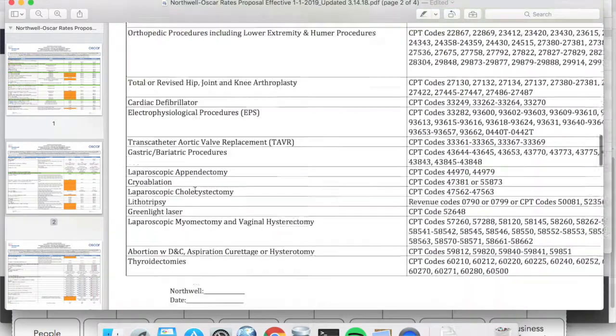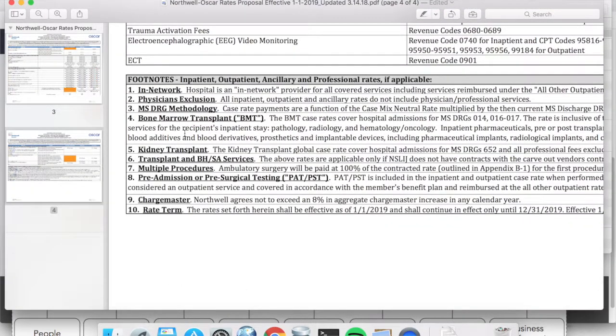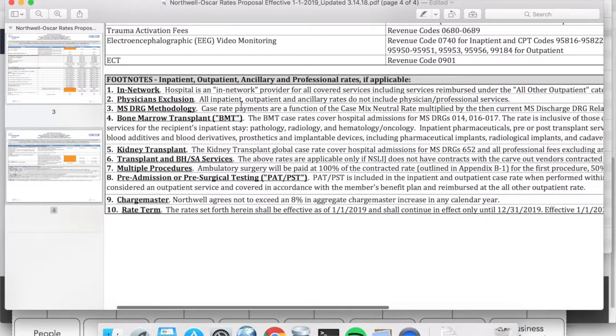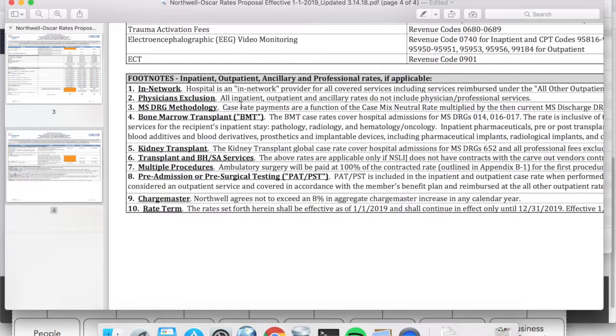So we also have to figure that out. 90% of the time, all of those services are included in the DRG base rate, although some people throw in these tricky footnotes all the way down here at the bottom, which we must read carefully. Somewhere in here they threw in something like that, I think.